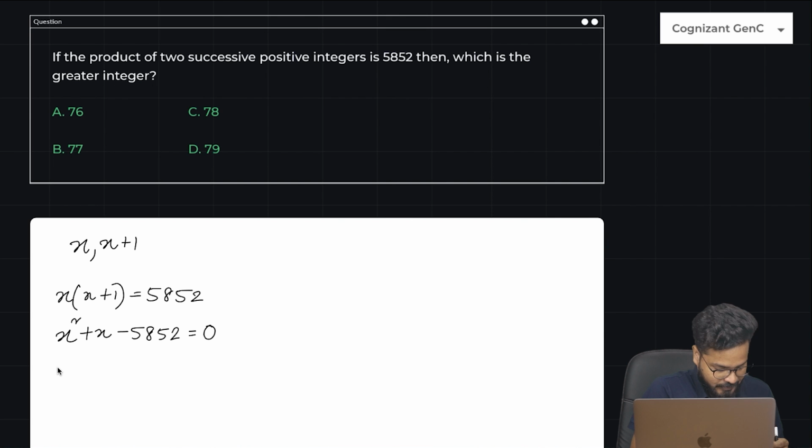So what would be the factors for this? Let me just open the calculator for a second and find it out quickly. You don't have the option for a calculator anyway, so you should be doing this on your own. It's just that I have that option.